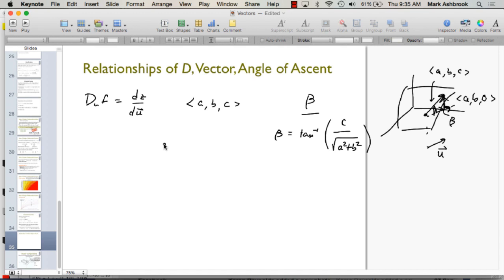All right, so what is that in terms of the other stuff? What is the change in z here in terms of beta or a, b, and c? c over the amount of change in the direction of u. This isn't one. This is some change in the direction of u is what I mean by this. So what will that be?